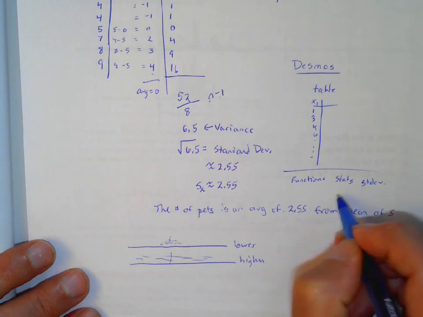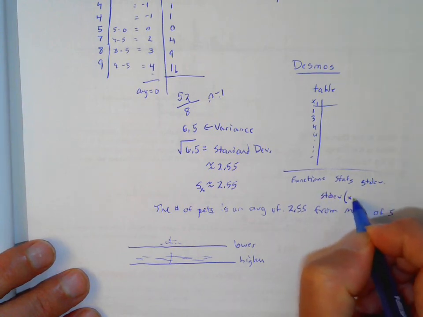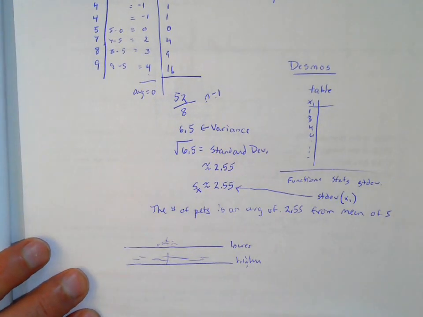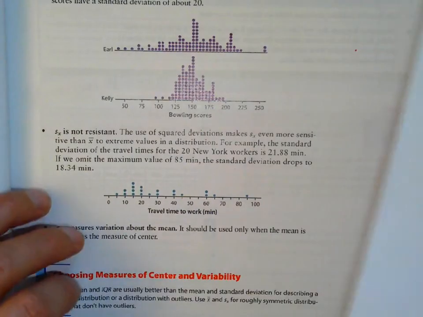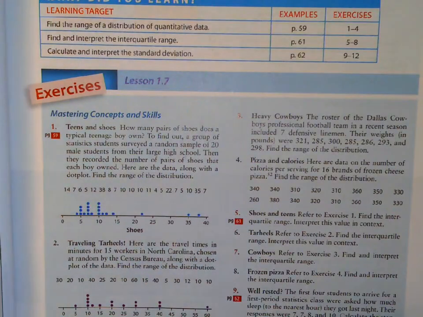It pops up as STDEV, and then you type in your x1, and it gives you that number right there. That is how you find standard deviation. And that is 1.7.